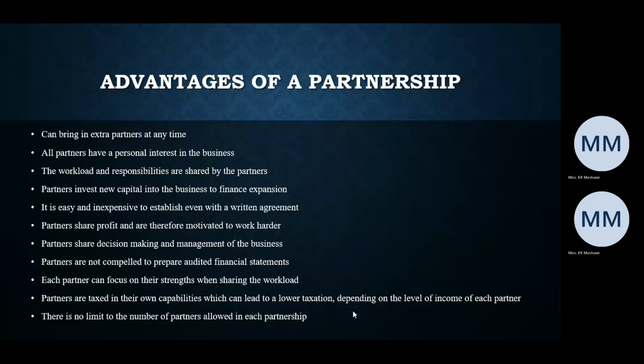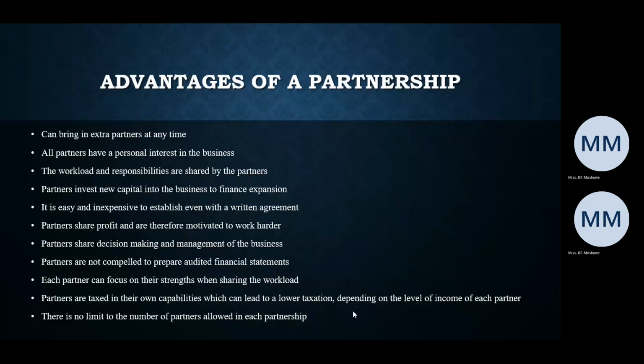Each partner can focus on their own strengths when sharing workload. So, say one partner is good at accounting. They'll obviously be looking at the finances of the company. And then the other one is good at management, managing their resources, managing their suppliers, and so on.